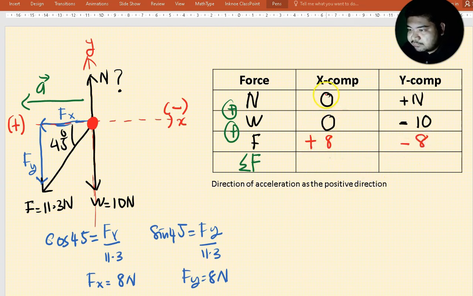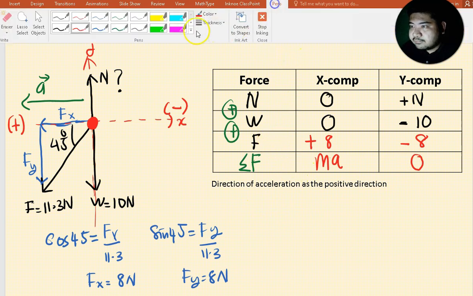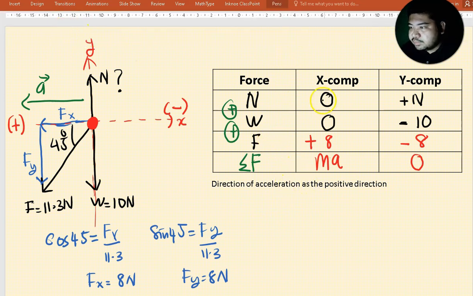Okay, and if we add up all the x component, the value must be equals to the mass times acceleration. And for the y component, because the force is balanced, it is going to add up to 0. So from the table, we know that 0 plus 0 plus 8 is equals to 8, and the mass is 1.02 times the acceleration.